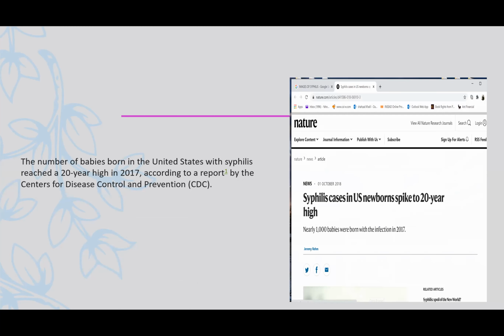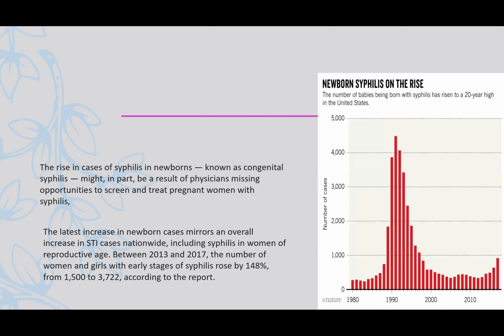Again, syphilis cases in US newborns spiked to a 20-year high in 2017, according to the report by the Centers for Disease Control and Prevention. And you can see by the graph, newborn syphilis is on the rise. The number of babies being born with syphilis has risen to a 20-year high in the United States. The rise in cases of syphilis in newborns, known as congenital syphilis, might in part be a result of physicians missing opportunities to screen and treat pregnant women with syphilis.